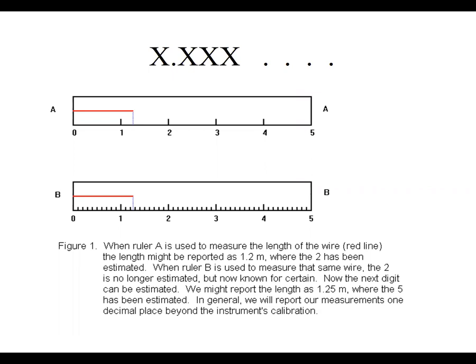And once we reach the first uncertain digit, there's no point going any further. So if I know this one is a 1 and I think this one is a 2, then I have no idea what that third x is, because this first uncertain figure is in the tenths position. That says I could be off by about, give or take, 1/10 of a meter.